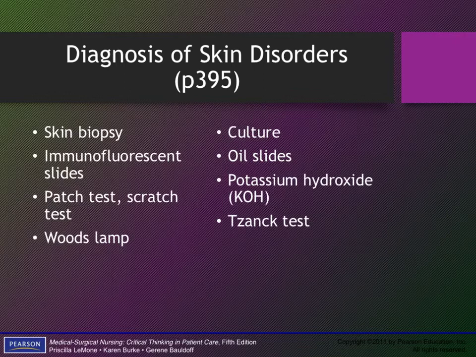That's in the patch test. In the scratch test, a needle is used to scratch small amounts of the potential allergen onto the skin. What they're doing is they're doing this in small amounts to see if your body reacts to it, to see if it is a true allergen or not.